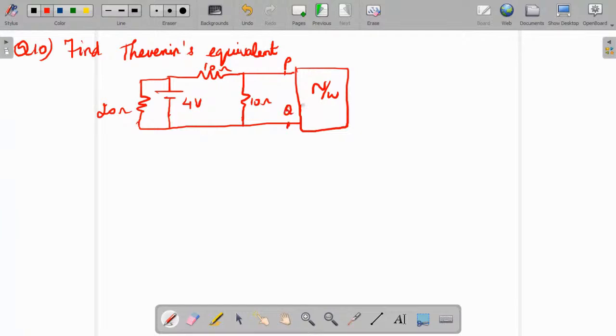Find Thevenin's equivalent. Okay, so you have to find V Thevenin as well as R Thevenin.